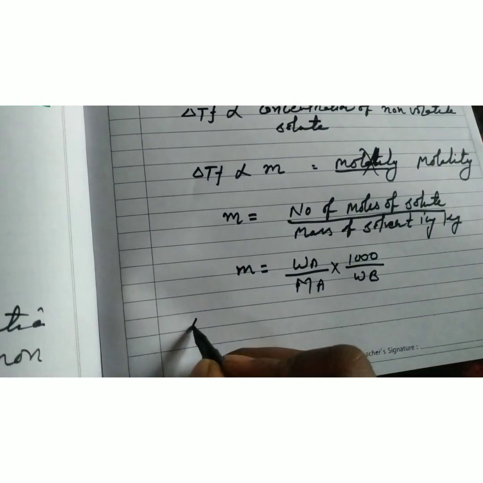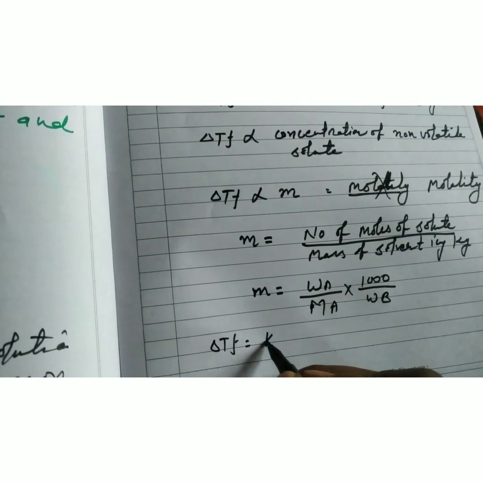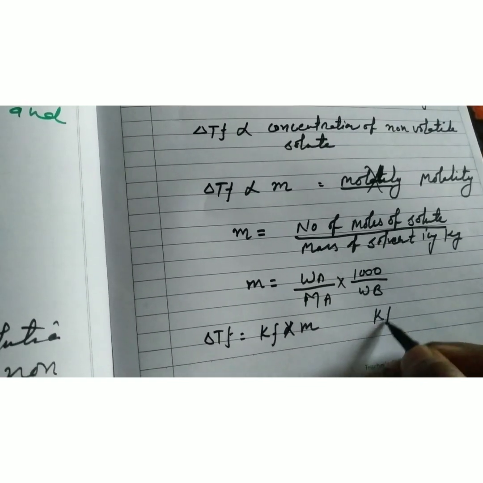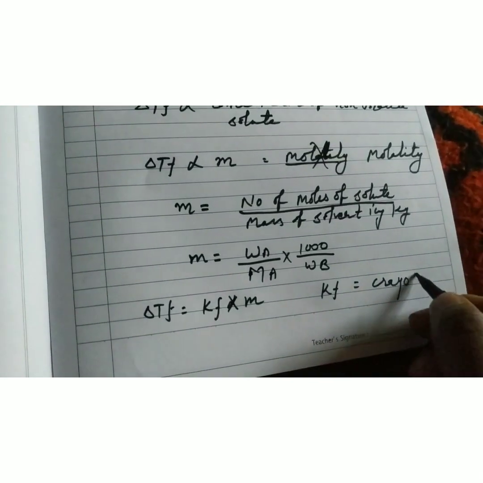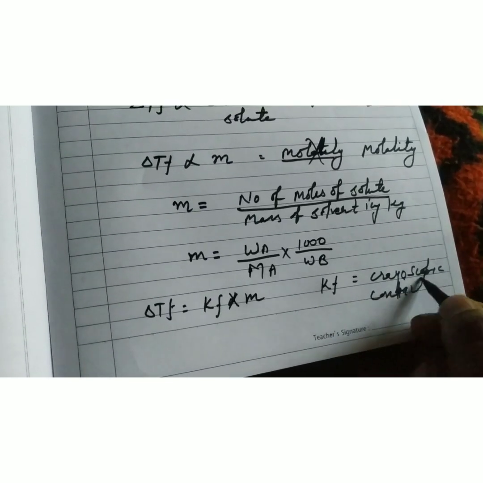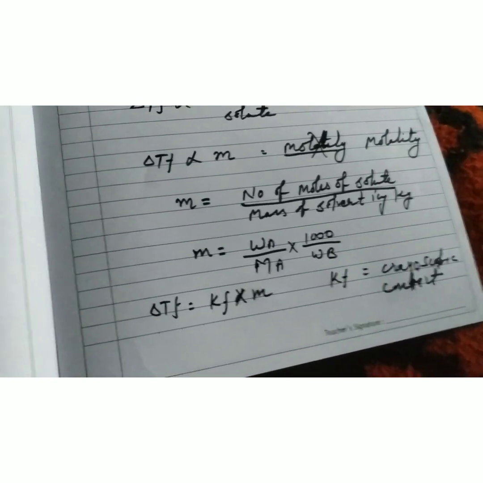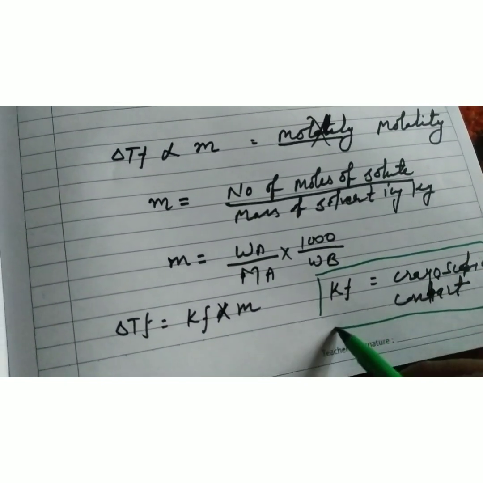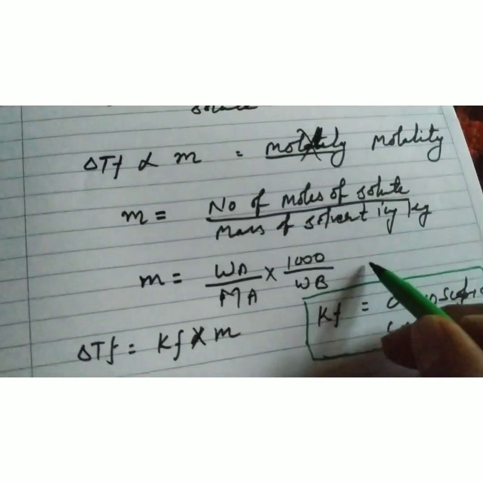So it will become delta TF equals KF multiplied by m, where KF is the cryoscopic constant, clear. KF is the cryoscopic constant. This is important for competition.